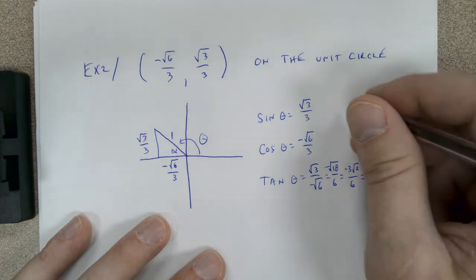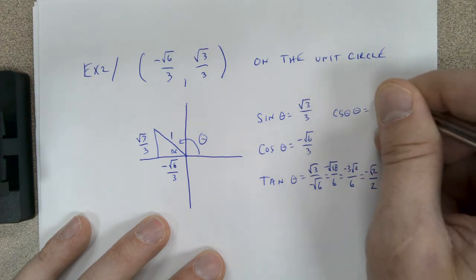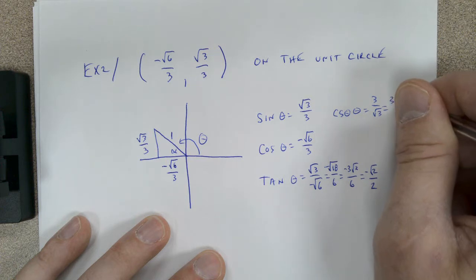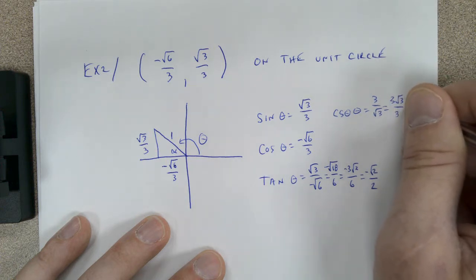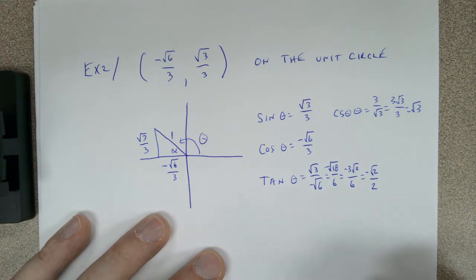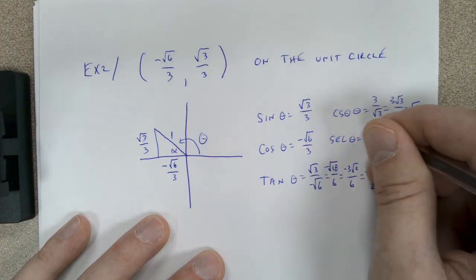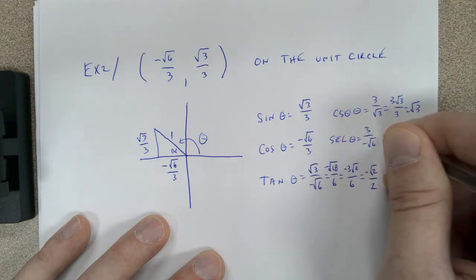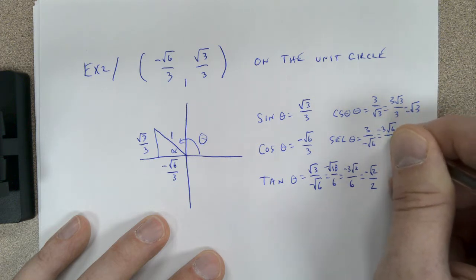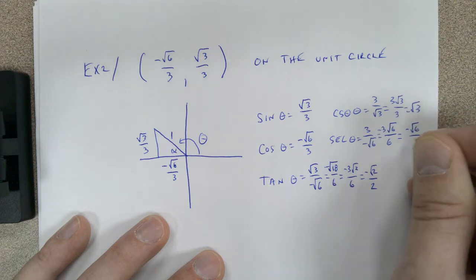Now we're ready to go ahead and find our reciprocal functions. Cosecant theta is going to be 3 over radical 3, which is 3 radical 3 over 3, which is just simply radical 3. Okay. Secant theta, that's going to be 3 over negative radical 6, which becomes negative 3 radical 6 over 6, which becomes negative radical 6 over 2.